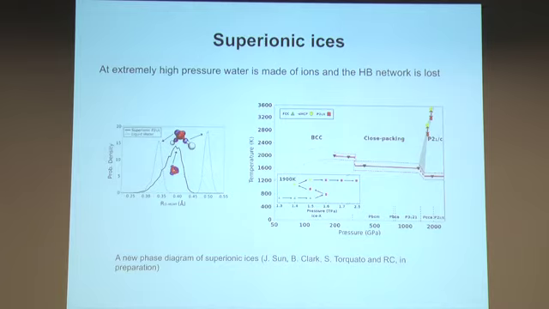We don't use free energy methods, but we allow the cell of the system to change with the Parrinello-Rahman method. And so we have been able to find that there is a sequence of structures. We go from BCC to close packing. I call it close packing here because we are not able to distinguish between HCP and FCC. They have very similar energy in the system. We can get one or the other.